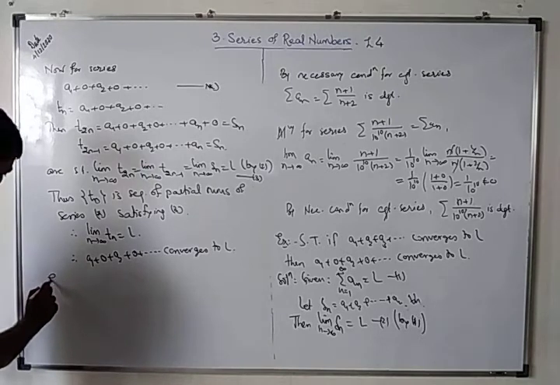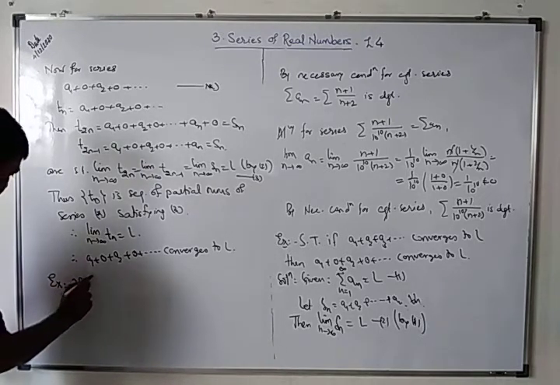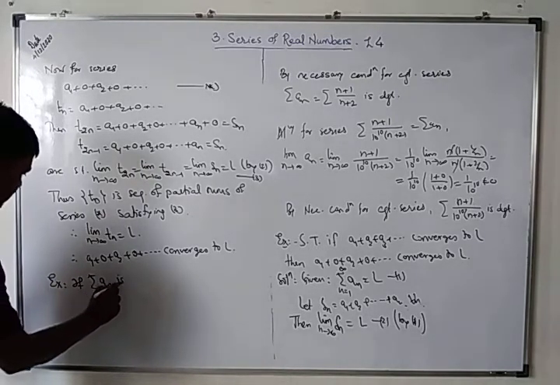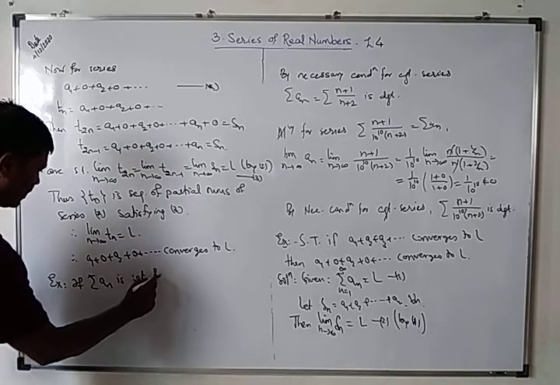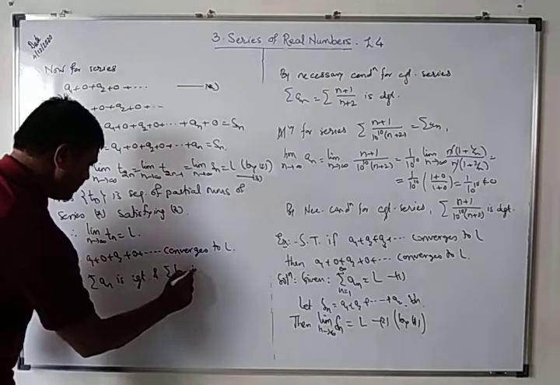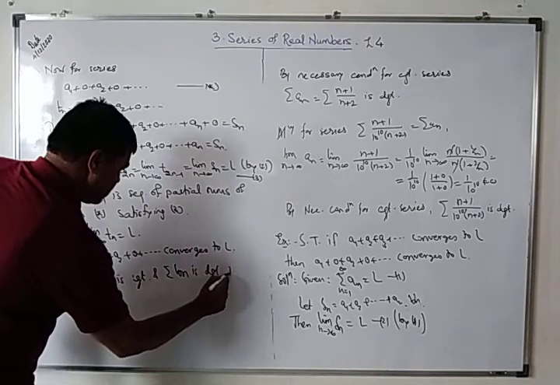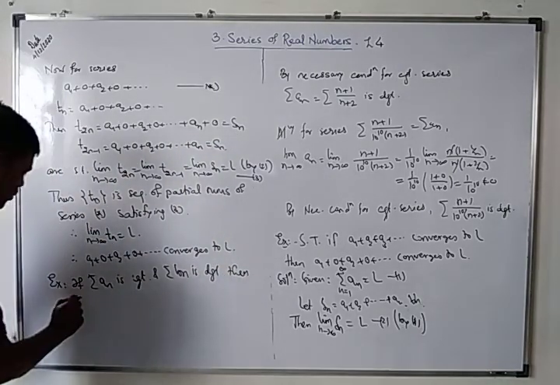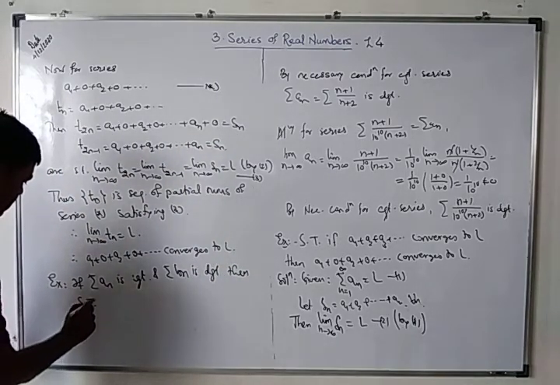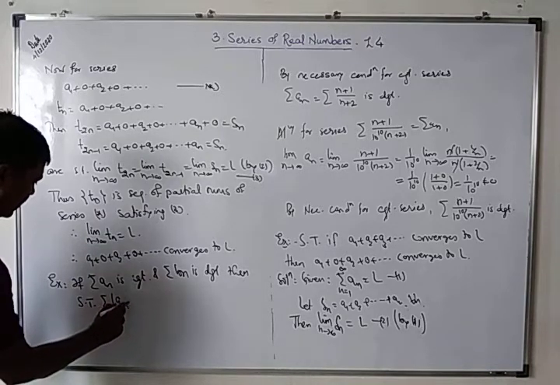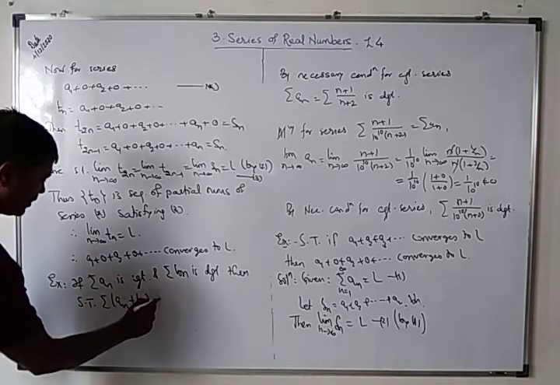Next example. If summation of an is convergent and summation of bn is divergent, then show that summation of an plus bn is divergent.